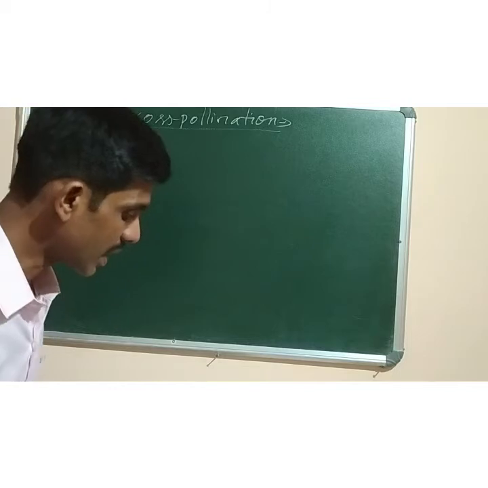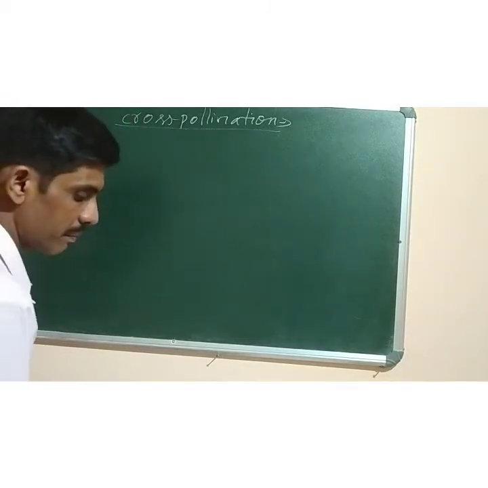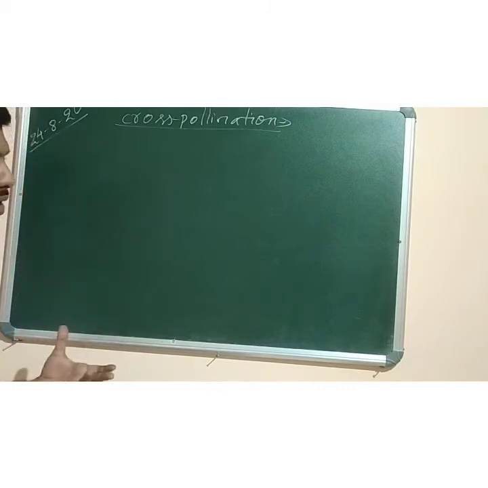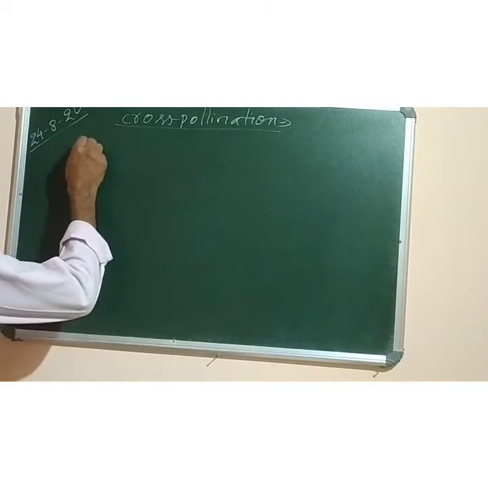Now next we have to study is what are the adaptations for cross-pollination. Okay? So because of cross-pollination, healthy plants are found growing, or the plants become healthy, they are more adapted in their surroundings. So what are the adaptations for cross-pollination?